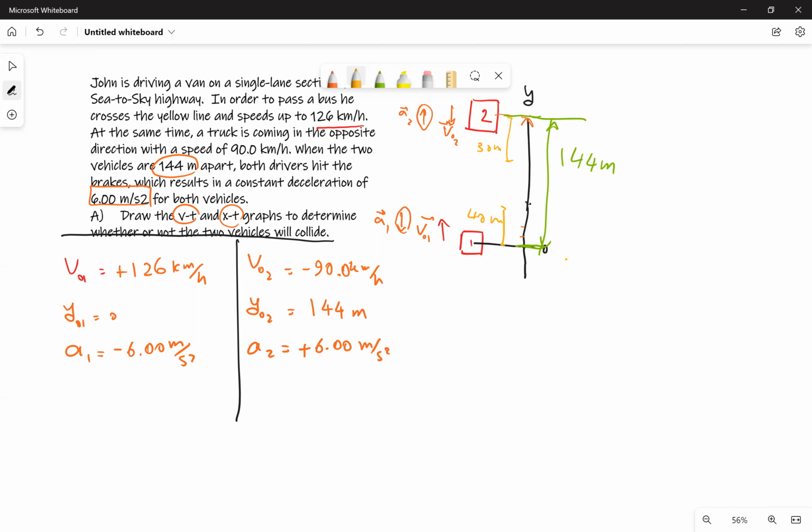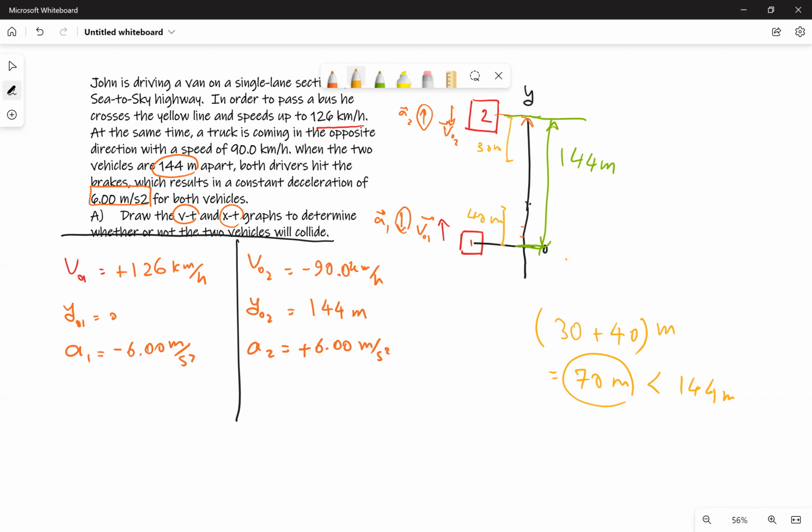So what you determine is that the total distance that they travel, 30 in this case, plus 40 meters, which will give you 70 meters, is less than 144 meters. Is less than the distance that both vehicles see in front of each other. So this will tell you that they will not collide.